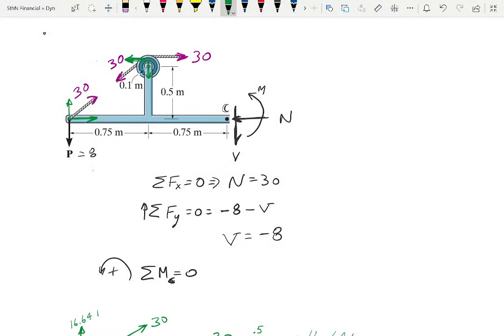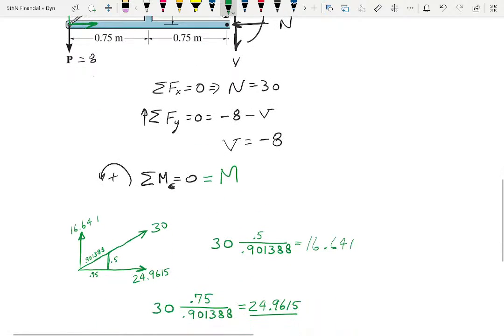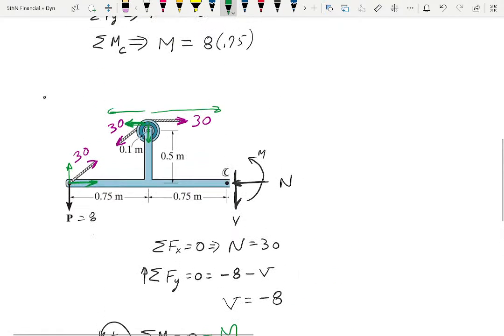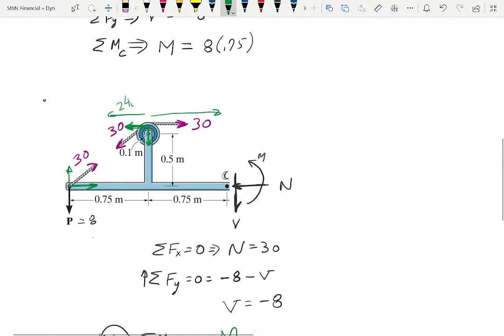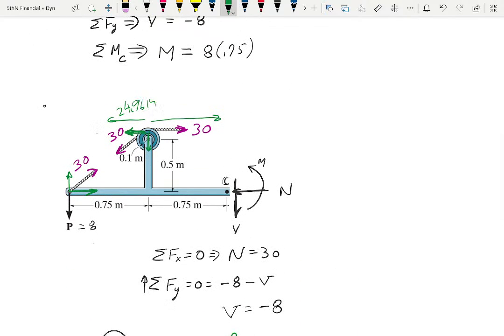Now, if you're going to sum the moments about this point, you're going to basically say the moment, which is this moment, and then you're going to have to take the x component this way minus this. Okay, what was that? 24.9615.